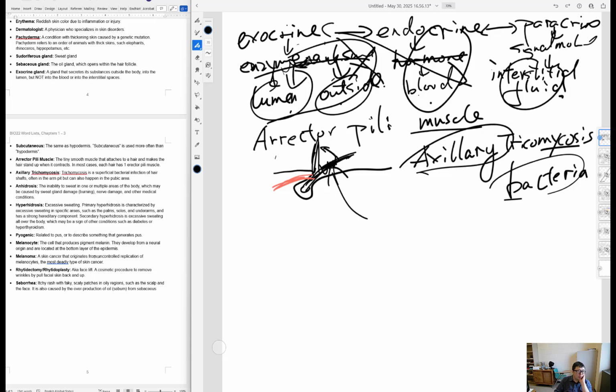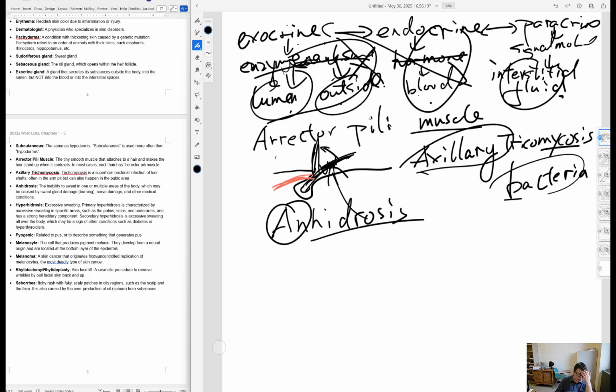And anhidrosis. Hidrosis means sweating. Anhidrosis means no sweating.